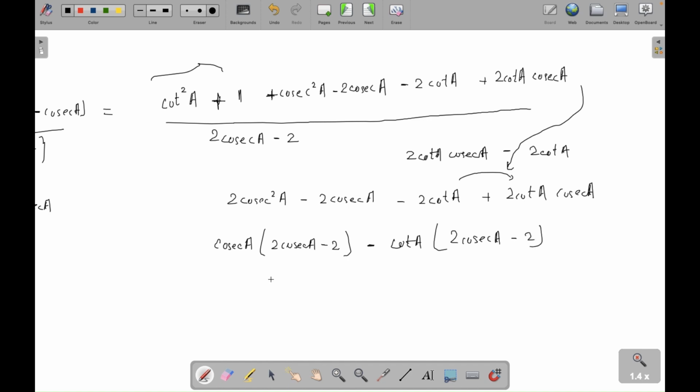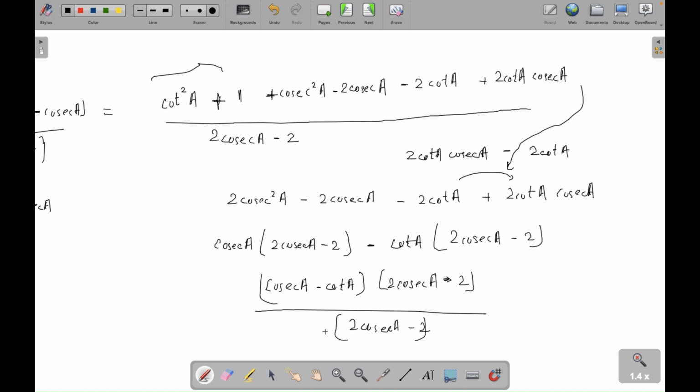So this becomes cosec A plus cot A, multiplied with 2 cosec A minus 2. Denominator we already had 2 cosec A minus 2. So this and this get cancelled. We end up with cosec A plus cot A.